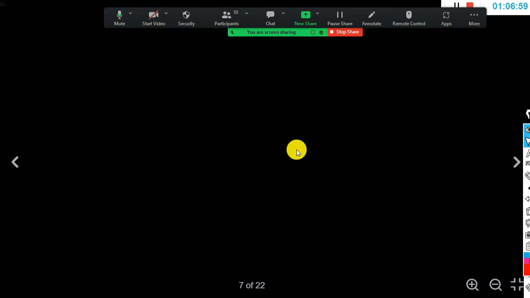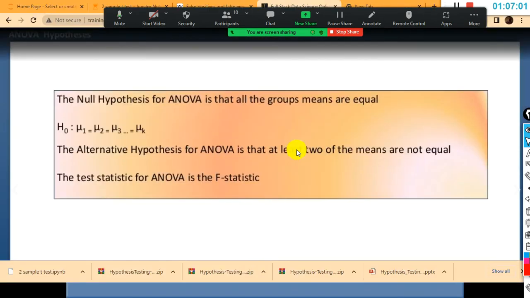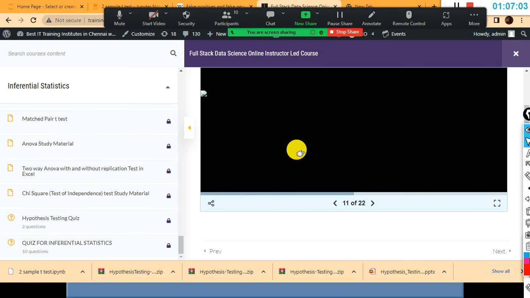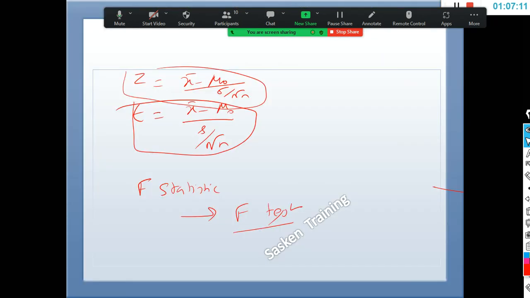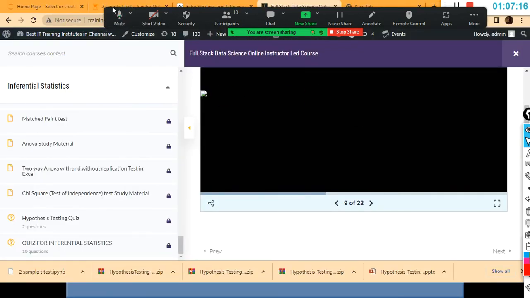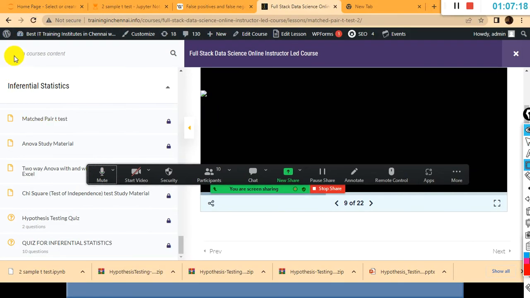Okay, so the next one is, let me do one thing. Why is it hanging here? It is not showing. So you need to refresh it. If you don't see anything, click on refresh. Look here, you need to click on this button, this refresh icon. When you click on it, it will take some time to refresh. If you find something blank here, that means it will take some time to buffer.